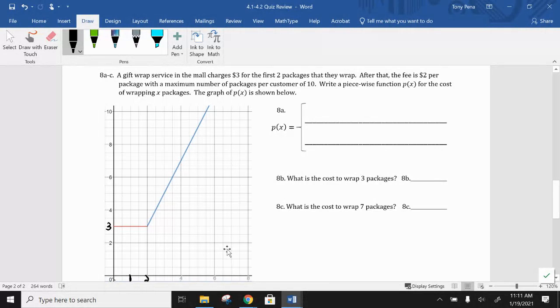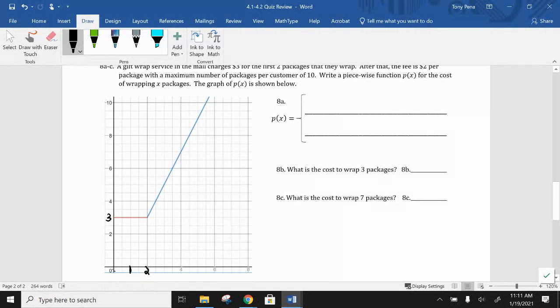So if you're going to get 3 packages, so now if we come here to 3, we have to pay an additional $2. So that's why this one is up here at $5. If I go to 4 packages, I'm going to have to pay $7, so on and so forth.